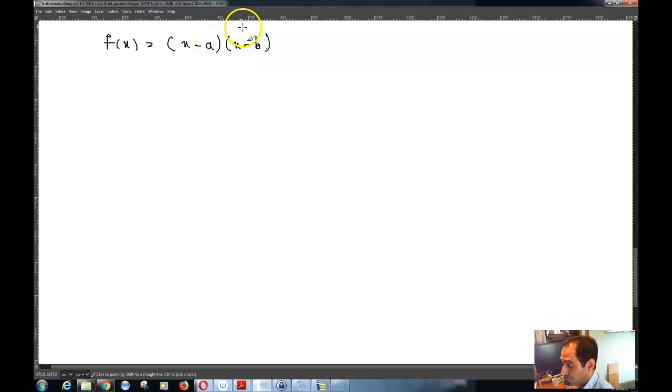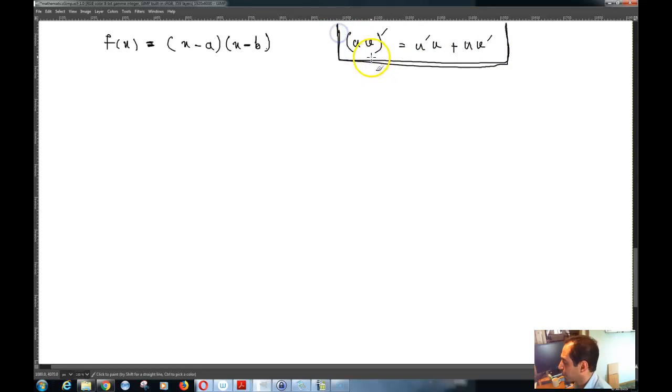So you have two functions multiplied together. You can use the product rule to find the derivative. We said that u times v whole prime is equal to u prime times v plus u times v prime. So you can use this to find the derivative of your function.